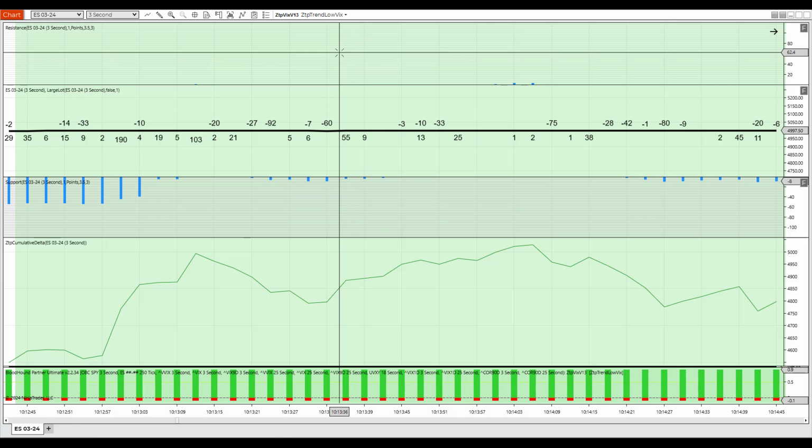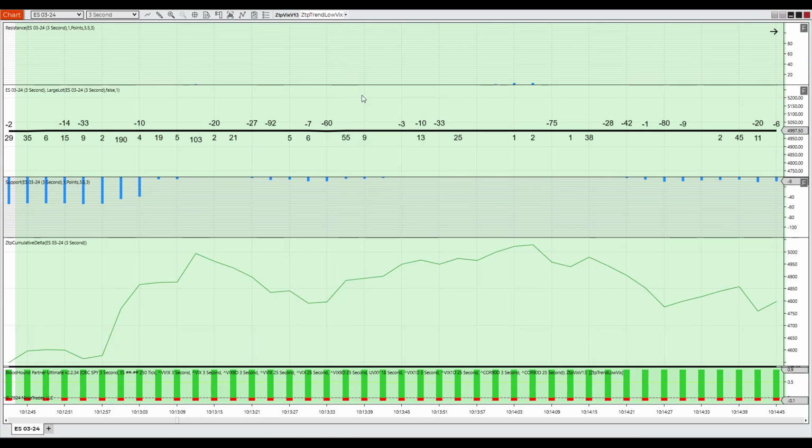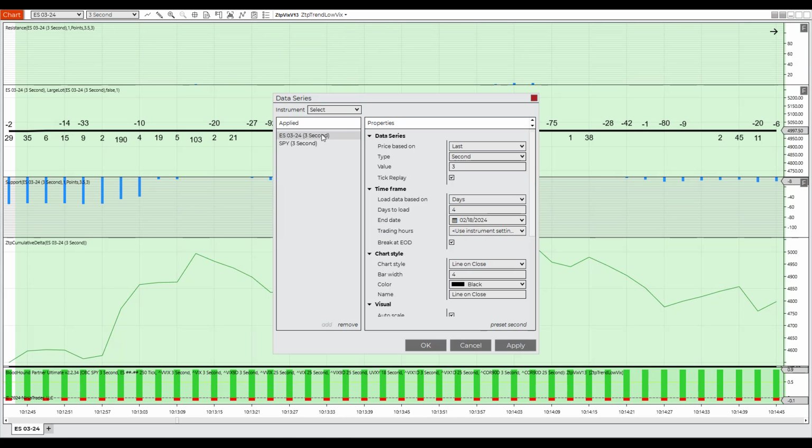So for this first chart here, I'm going to go to the data series, and we're going to have 2 data series on here. I'm going to explain that in a second. The first data series we're going to have is an ES 3-second with tick replay.